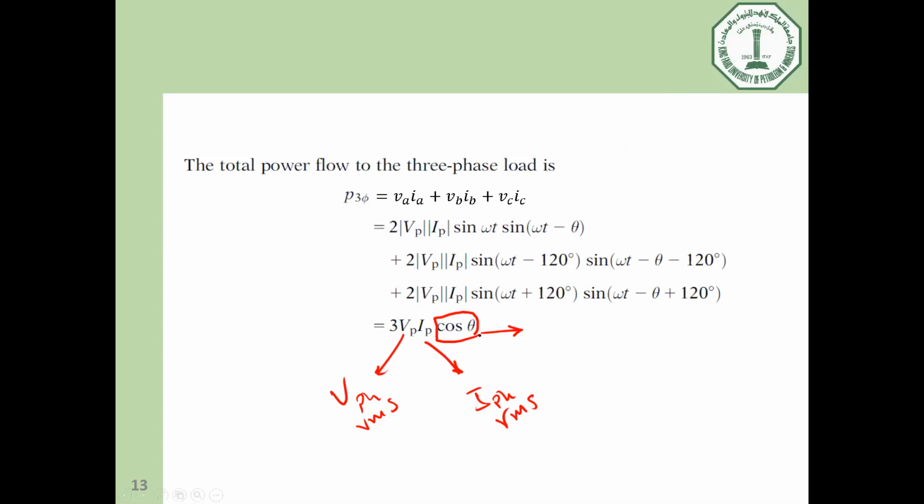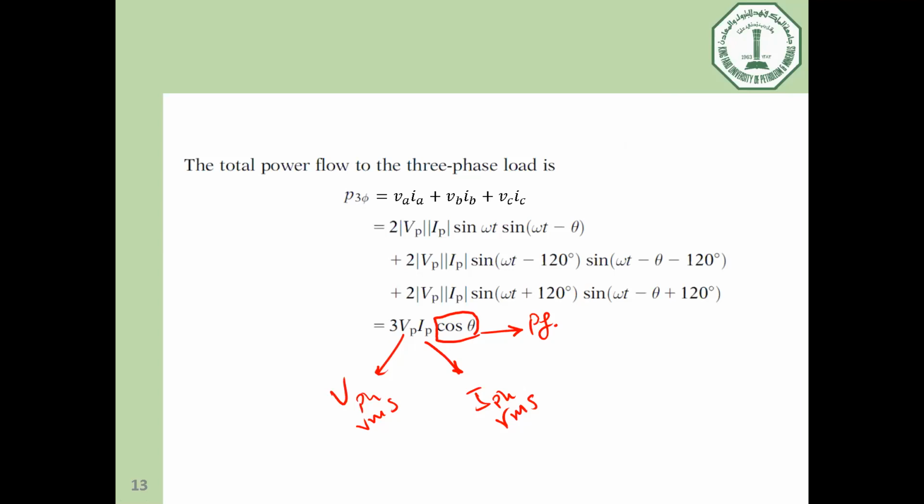What is the theta? What is the angle theta? The difference between the voltage and the current. Which voltage and which current? This is a very important question in three phase, because in single phase we have only one phase voltage and one phase current.